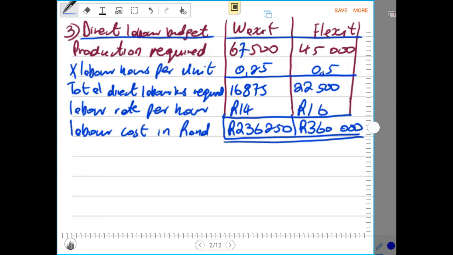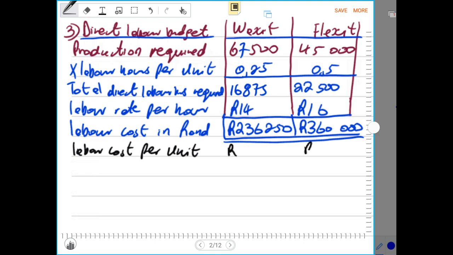However, if you are required to calculate the direct labor budget per unit, where we calculate our labor cost per unit, because the labor cost that we are given is in total.